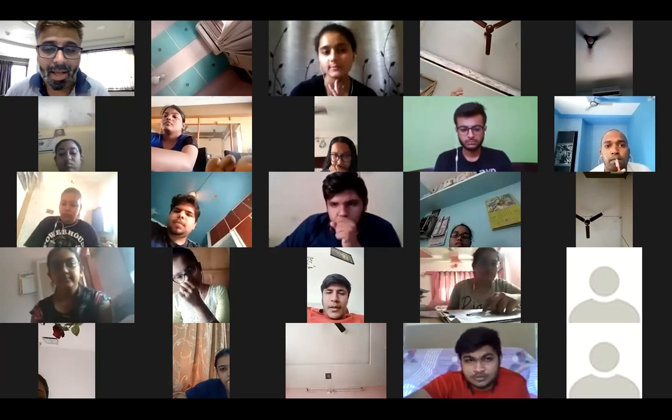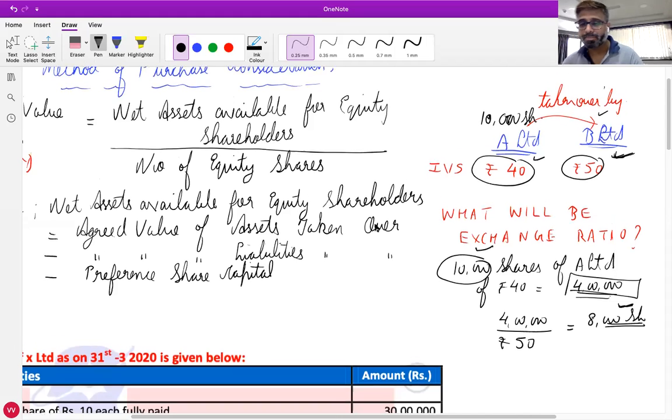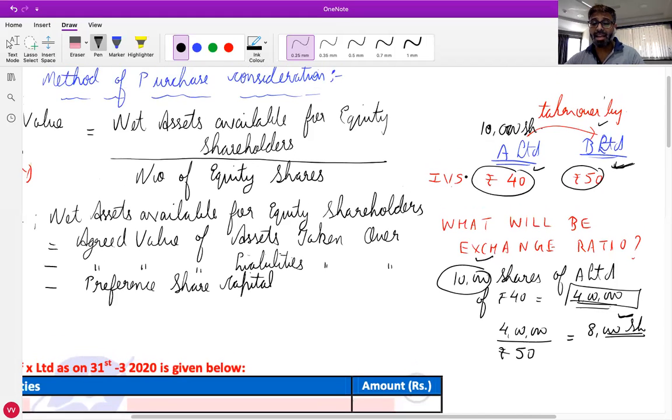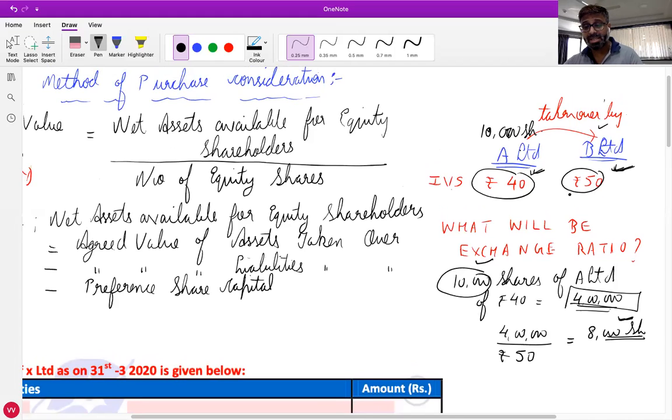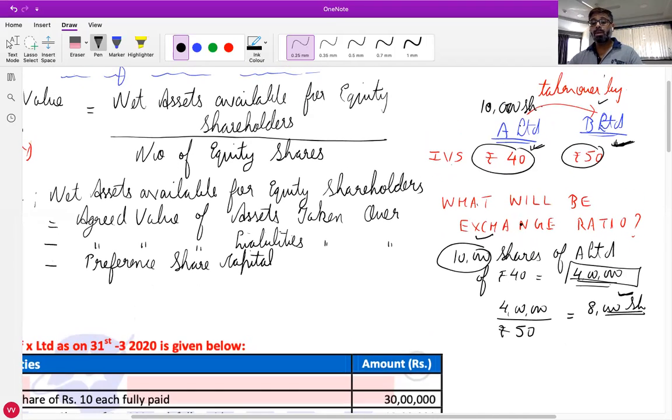Explain it one more time and raise your hand if you did not understand, then I give you a shortcut. Intrinsic value of shares of A Limited is 40 rupees. Intrinsic value of shares of B Limited is 50 rupees. My question is, what will be the exchange ratio? How many shares of B Limited should be given to A Limited so that the total shareholding value remains the same?